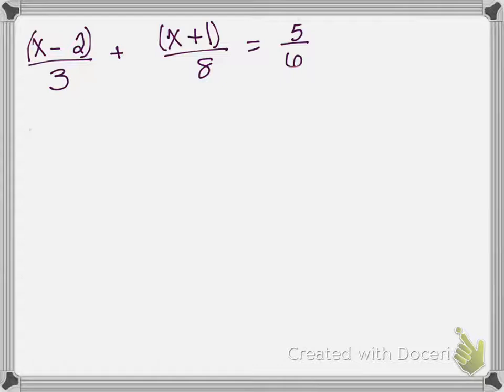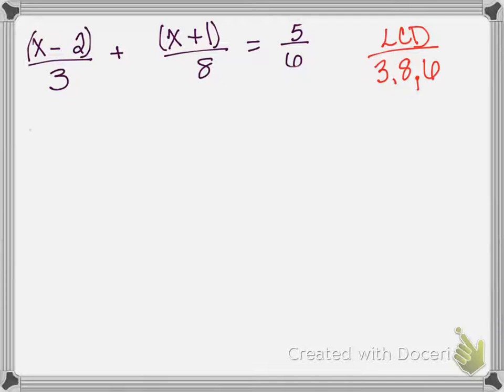Now, again, we are going to find our LCD. My denominators are 3, 8, and 6. One way that students will find least common denominators, because you may not be able to look at those 3 numbers and say, oh, I know what the LCD is. Sometimes students will multiply 3 times 8, which is 24, times 6, which is 144.